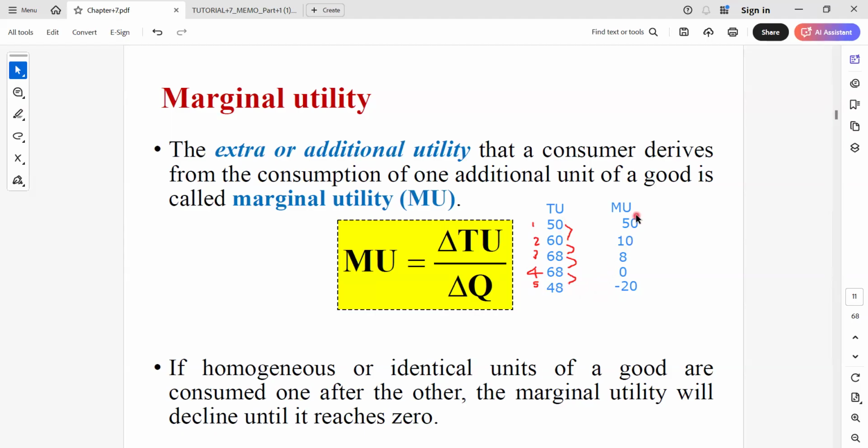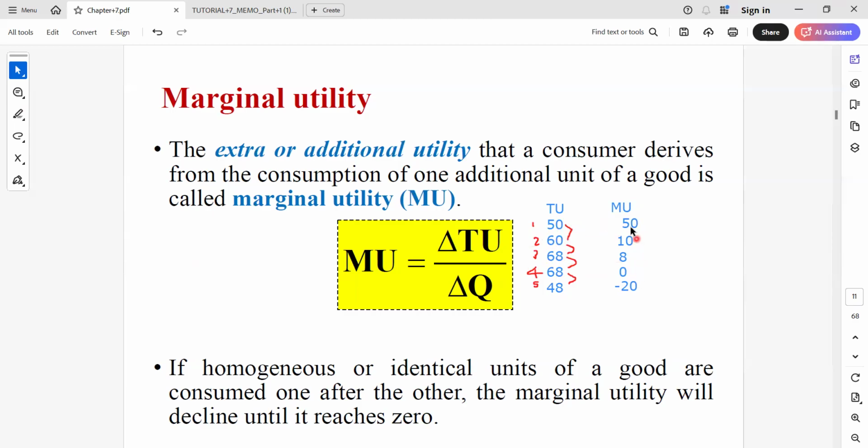Also you can see that your marginal utility is decreasing as you consume more goods, as you're consuming more burgers. It was 50, it is 10, it is 8, it is 20, it is negative 20, meaning that the satisfaction you're getting is decreasing as you consume more of this particular good.